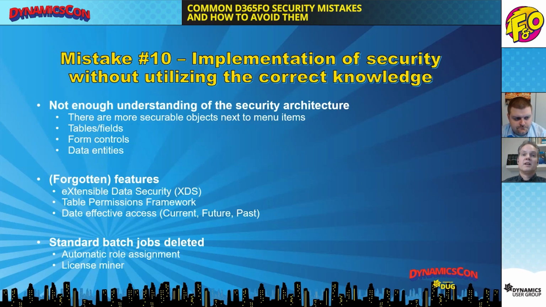Luckily, Dynamics 365 is a bit more relaxed in resetting up those batch jobs. But actually, there's also a license miner batch job which is running in AX 2012 and also for Dynamics 365. That's mandatory because with that information, Microsoft can also monitor the compliance, whether you're compliant with the number of users.